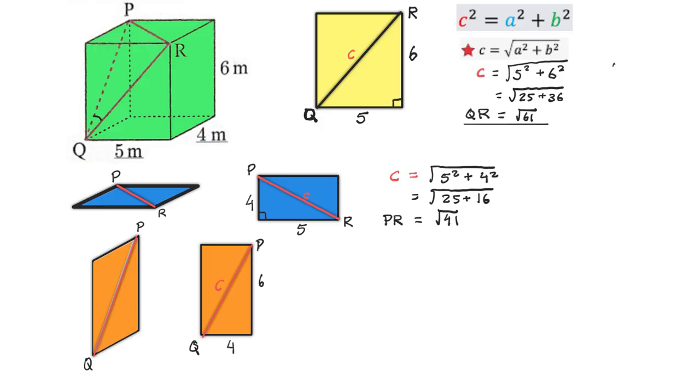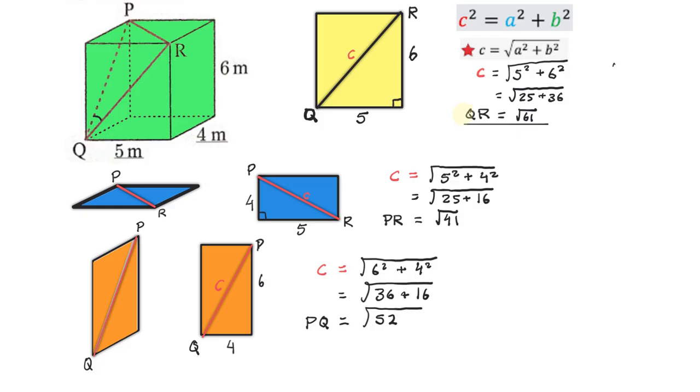So we will use the Pythagoras theorem one more time, and we calculate the root of 6 squared plus 4 squared. That makes it the root of 36 plus 16, which is the root of 52, and we'll leave it as such. This is PQ.